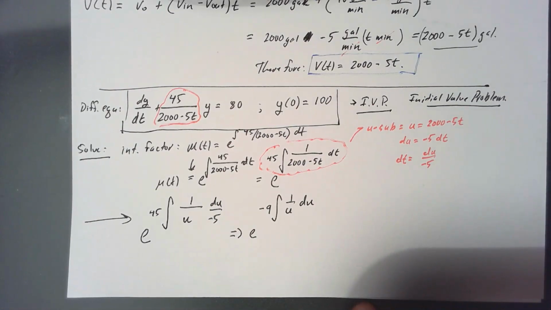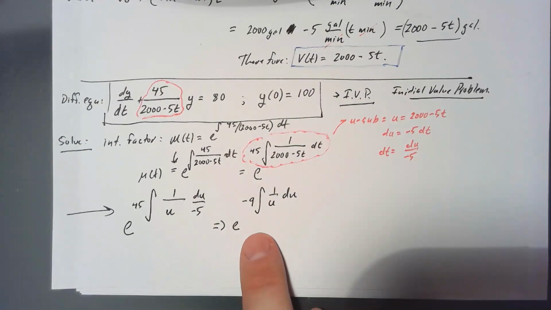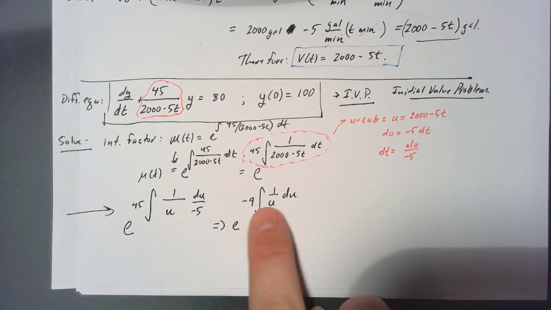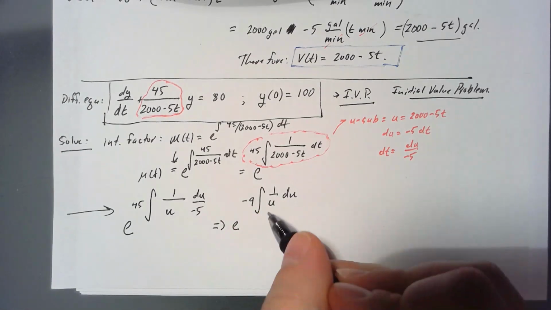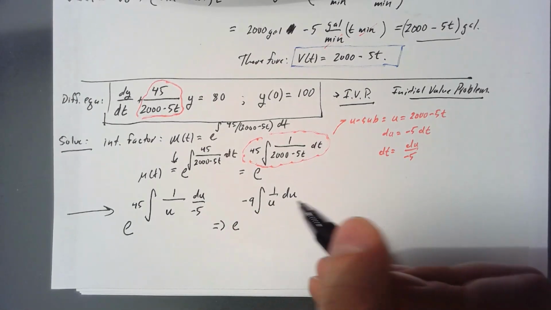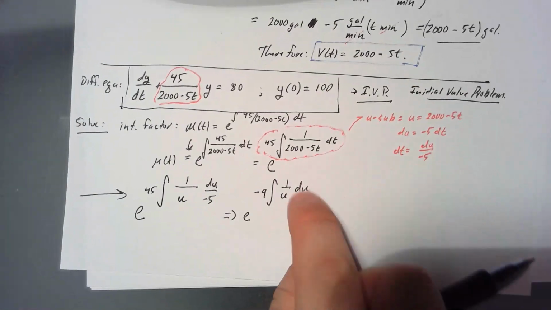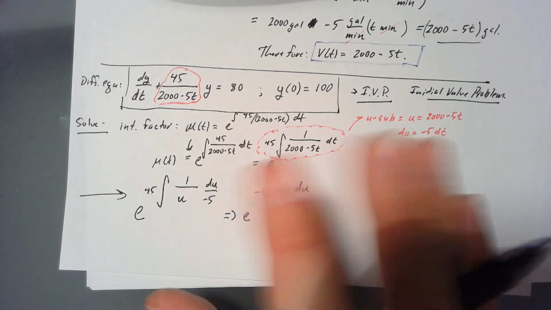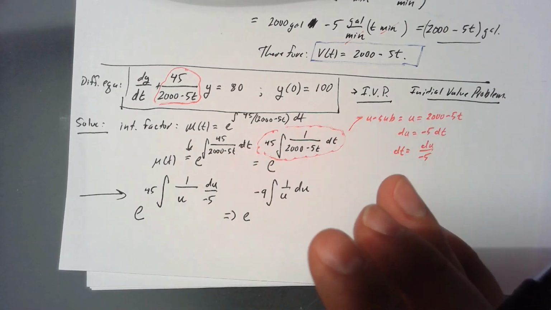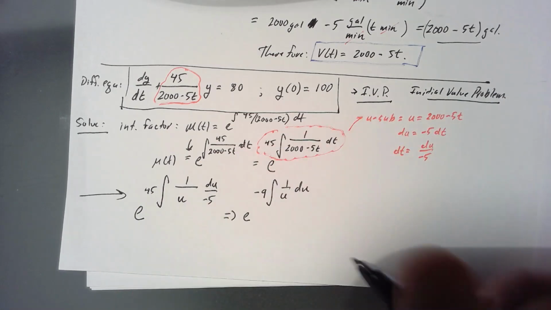Okay. Now that I have this, what's the integral of 1 over u du? That's easy. That's just the natural log of u plus c. I'm not going to include the plus c here. When you're finding the integrating factor, don't worry about the plus c.